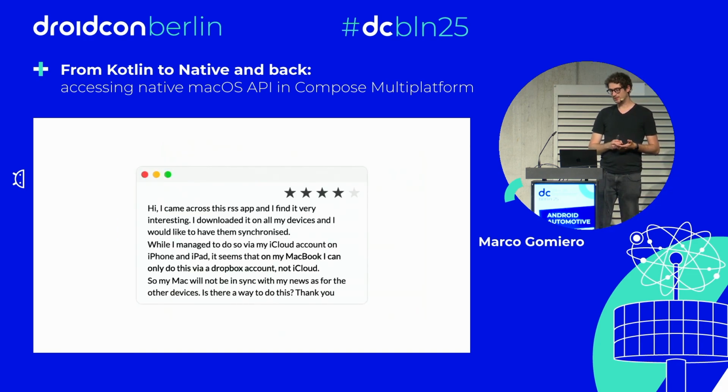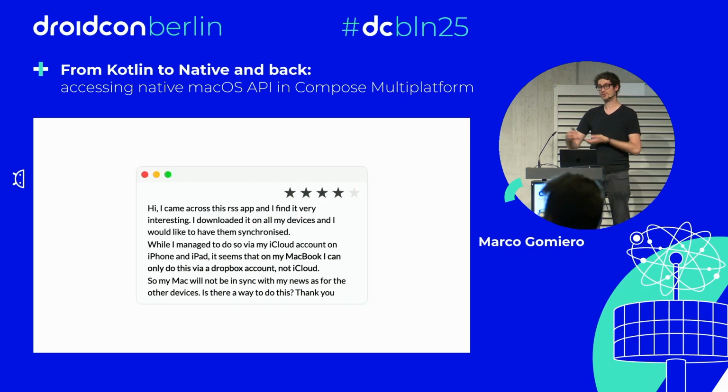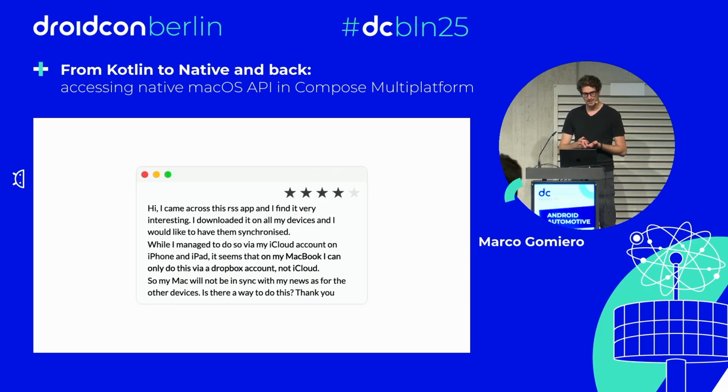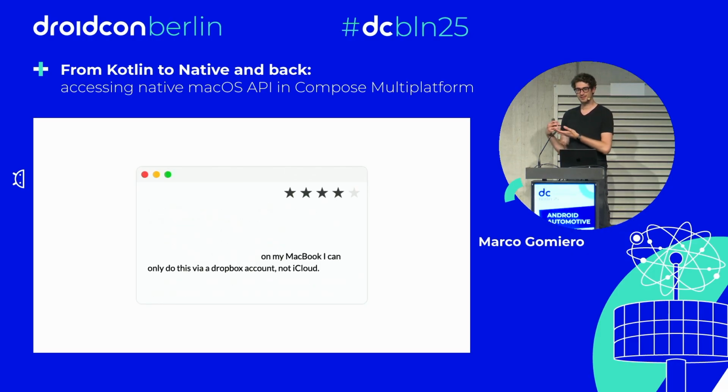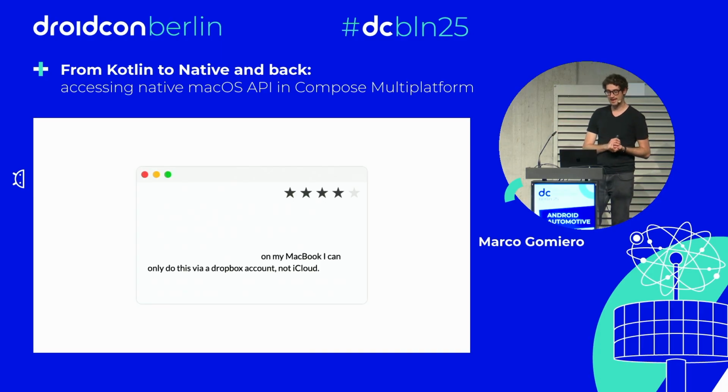So one day, I got a 4-star review from a relatively happy user that was using iCloud to sync their data. It was working on iPhone and iPad, but on macOS, no, because iCloud was not available, and that wasn't a mistake; it was on purpose, because iCloud and the JVM are not something that talk between each other.